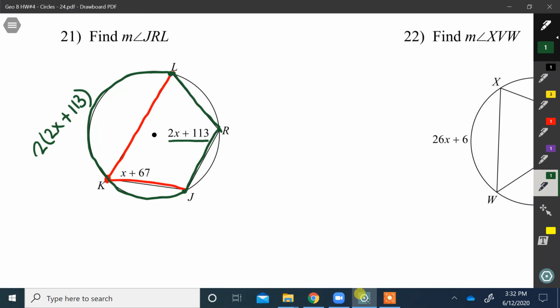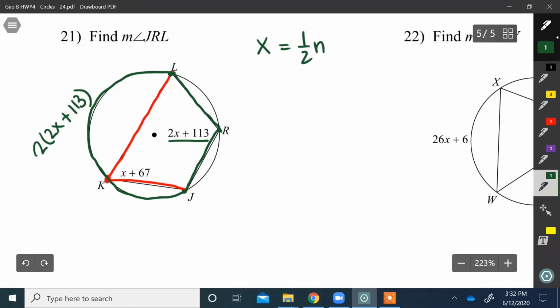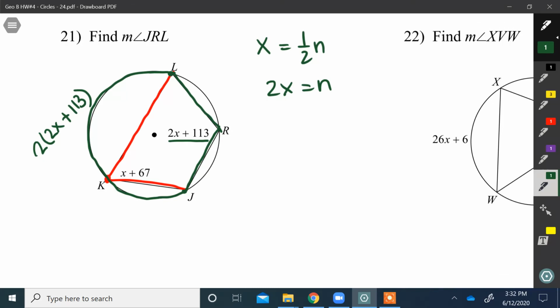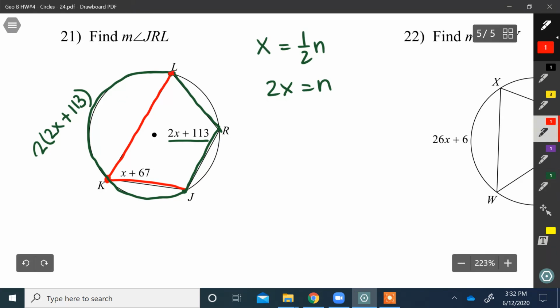Remember, the formula for that is x is equal to half of n, or 2x is equal to n. So n is twice of x. And this right here, from there all the way to there, that's going to be twice as that right there. So this is going to be 2 times x plus 67.